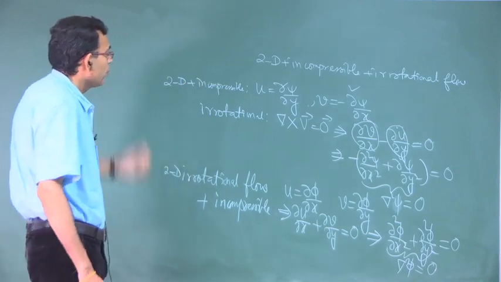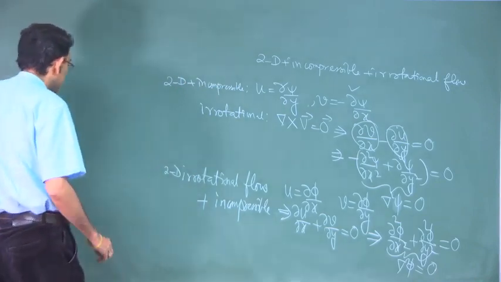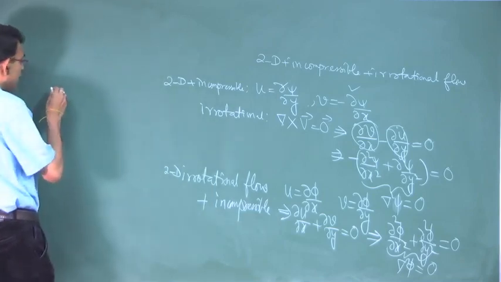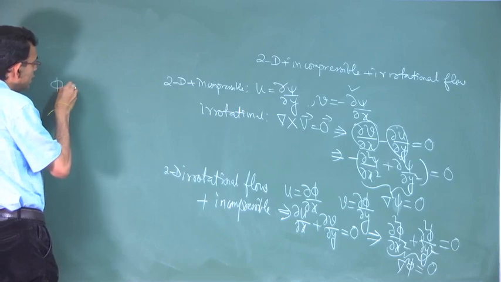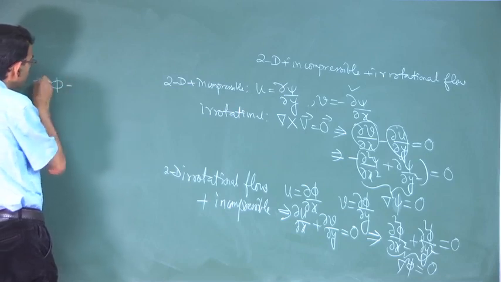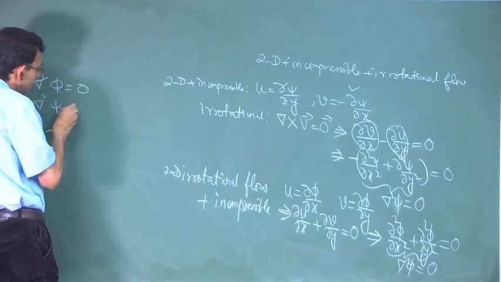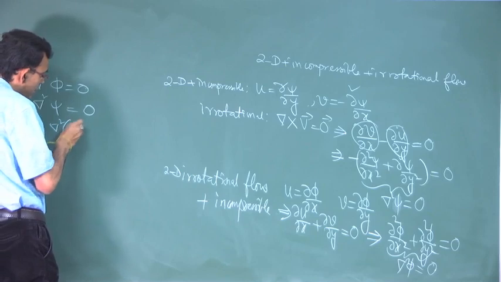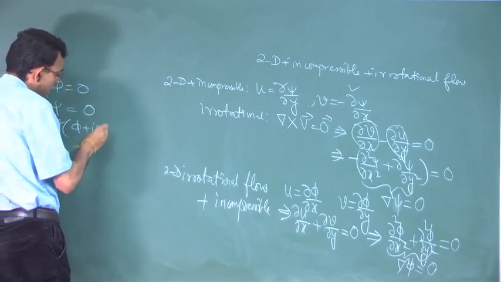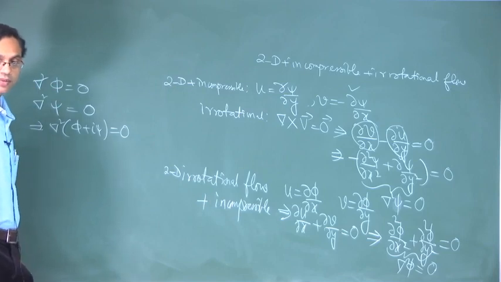So, if we write that del square phi equal to 0 and del square psi equal to 0, we can also write del square of phi plus i psi equal to 0, right.